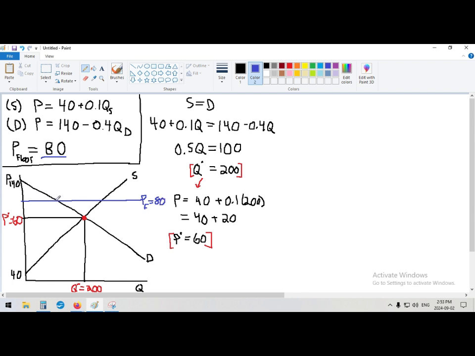At the higher price, the consumer doesn't like it, so their quantity demanded is going to decrease. The producer says, this is great, because they want to produce more at a higher price, so they put this much on the shelf over here. But this blue point here is how much is going to be bought, which is the short side of the market. That's going to be our new equilibrium, the short side or the left side of the market.